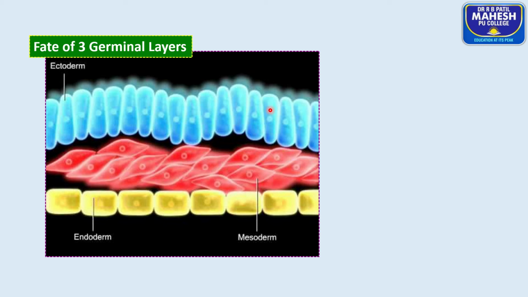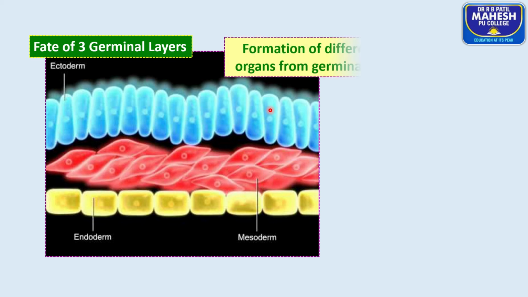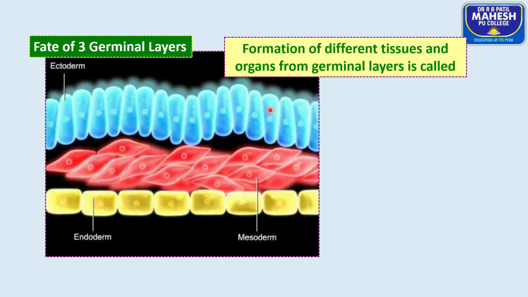So what is gastrulation? The single layered blastula is transformed into a three layered gastrula. As a result of gastrulation, three germ layers are formed: the outer ectoderm, the inner endoderm, and in between you find the mesoderm.